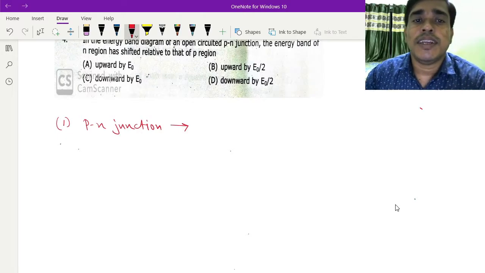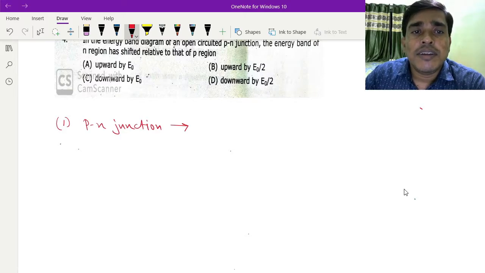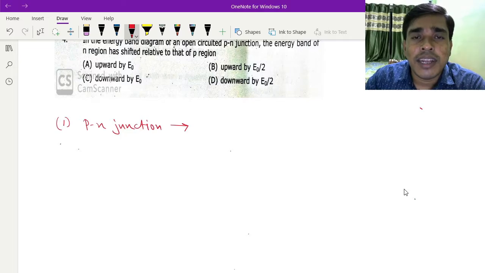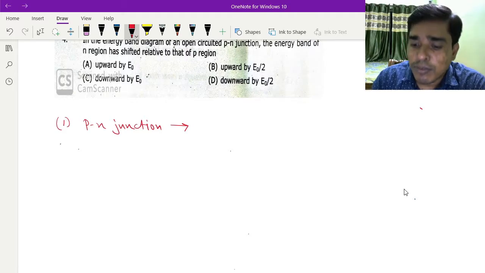In an earlier class, I discussed what the p-type semiconductor and the n-type semiconductor are. To build a p-type semiconductor, you have to dope with a trivalent atom, and to construct an n-type semiconductor, you have to dope with pentavalent atom impurities. So how do we construct a PN junction?